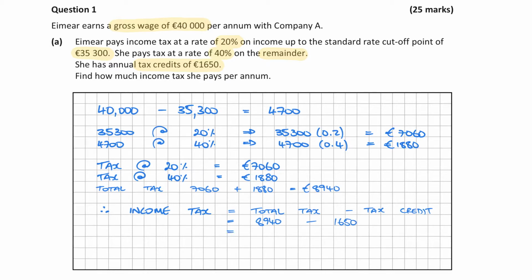And if we do that, we'll get our answer there, and our answer will be 7,290. So the answer there is equal to 7,290. And for that part of that question that year, there was 10 marks allocated to that part, right? So that year there was 10 marks allocated to part A of that question.